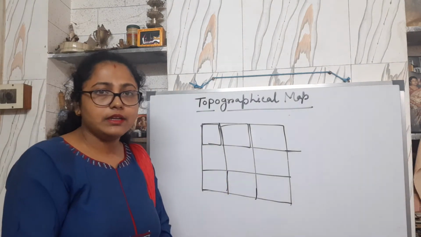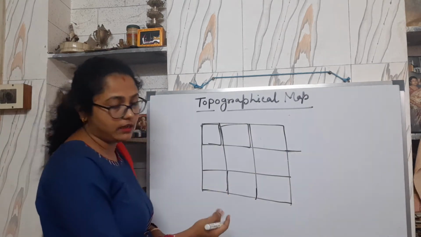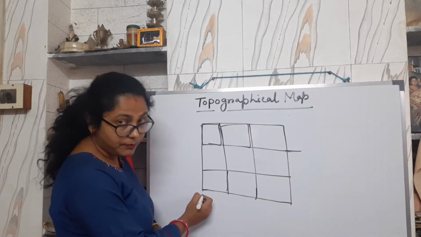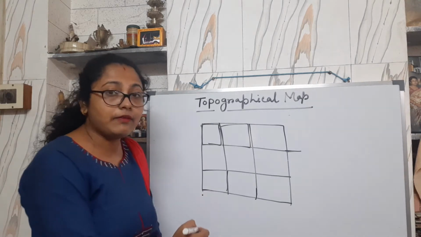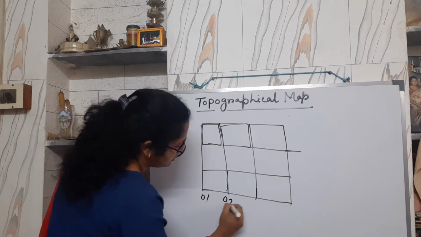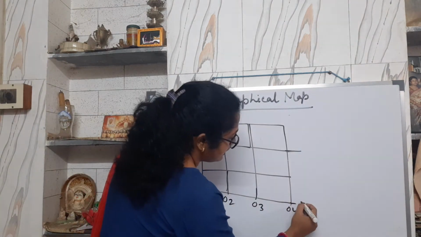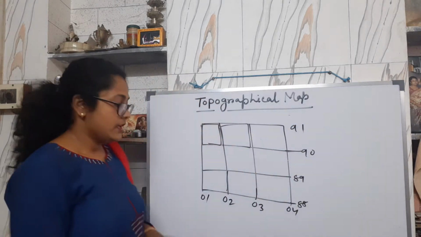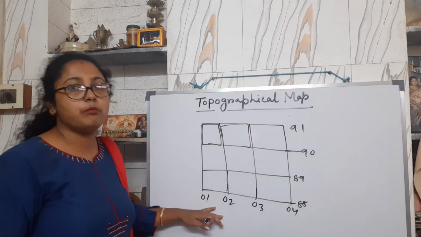How are they numbered? They are numbered from the origin of the map, at the bottom left of the map, like 01, 02, 03, 04, or here 88, 89, 90, 91.